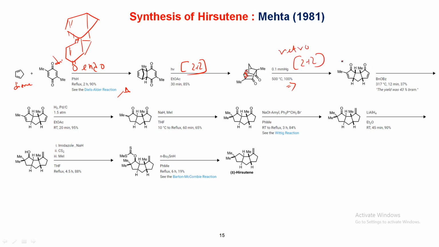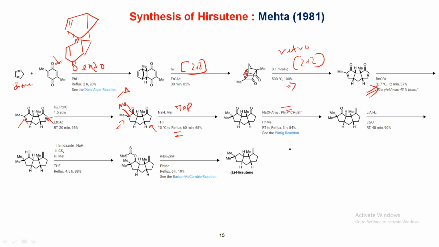Now to invert this particular stereochemistry, they used this reaction condition and got this. Then hydrogen and palladium reduce these two double bonds, as you can see here. Now with methyl iodide they incorporated a methyl group over here, and this product forms because of the reflux condition, selectively giving this geminal dimethyl.